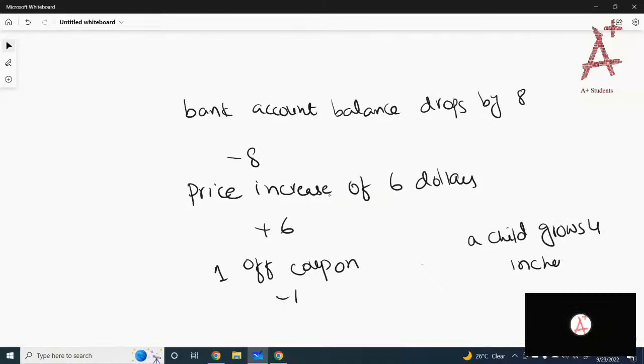So he's growing. That means it's an increase. So increases are always represented by positive numbers. So it would be positive 4. Got it? So you can complete the test by yourself later today.